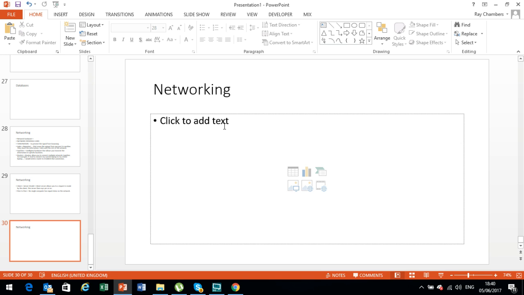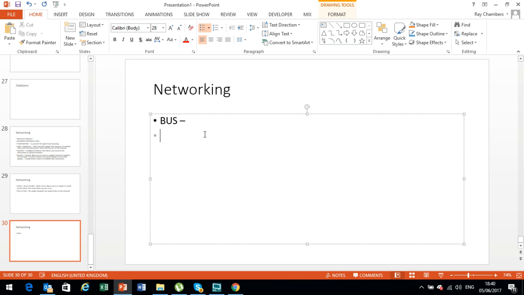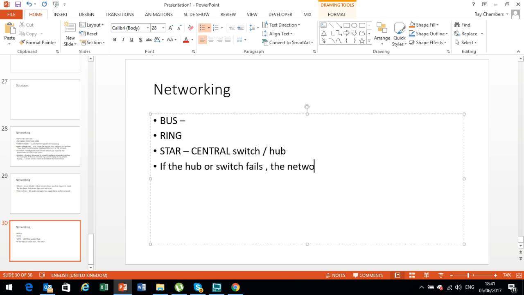Now, what I would do is go over the topologies. You've got bus, ring, star. Star is where you have a central switch or hub. If the hub or switch fails, the network goes down. A drawback is the hub or switch failing.